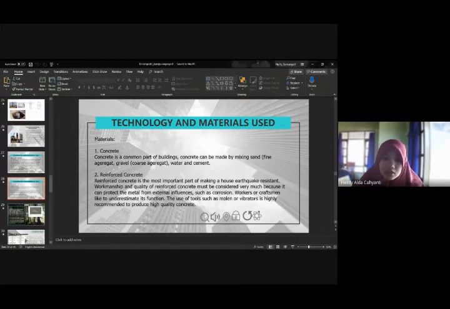Workmanship and quality of reinforced concrete must be controlled very carefully because it can protect the material from external influences.